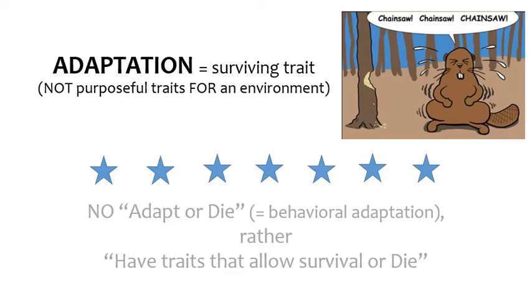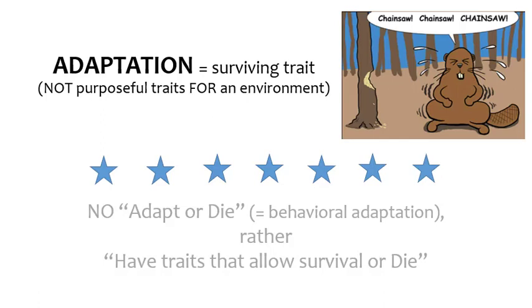Likewise, an adaptation is not something that you intentionally change, like in the phrase adapt or die. That's referring to a behavioral adaptation. You can change behaviors. Evolution, though, is based on genetics, which you cannot change. A genetic adaptation is a trait successful in a particular environment.